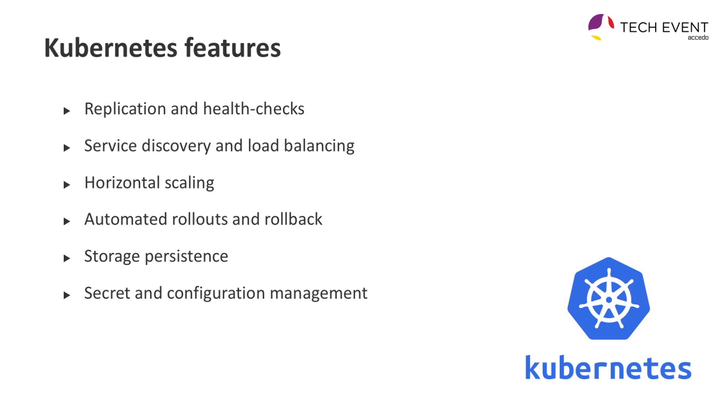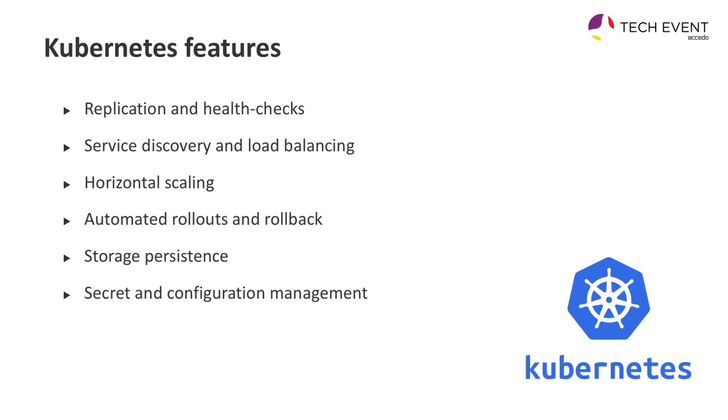The most critical features we really wanted are service discovery and load balancing. Imagine you have hundreds or even thousands of containers; we want service discovery and load balancing for those. Horizontal scaling is also an important feature to scale up and scale down your containers. Whenever there is a need, we scale up the containers, and when there is no need, we should scale down as well.